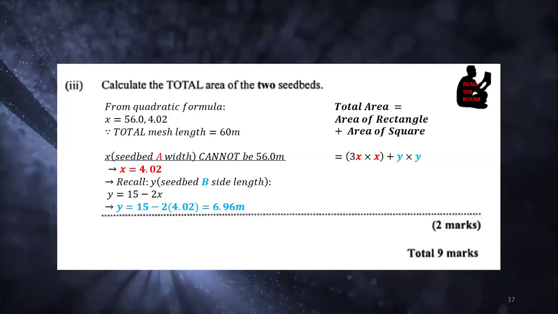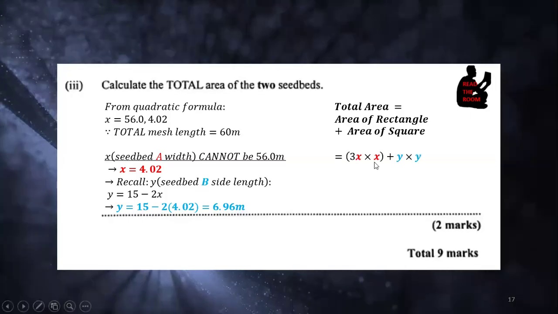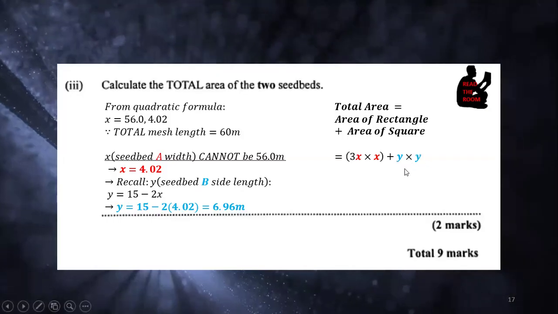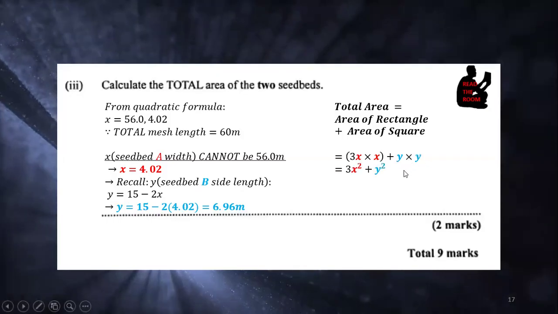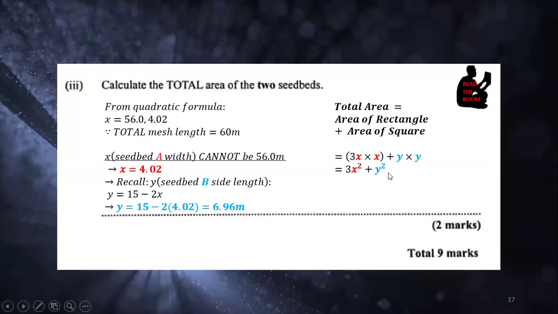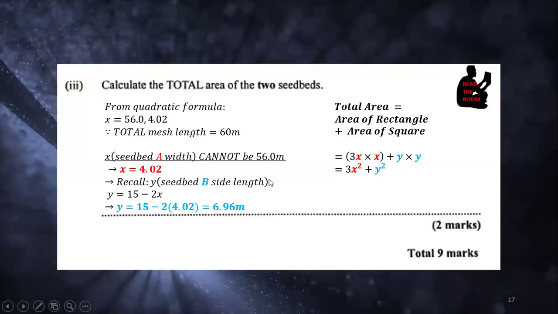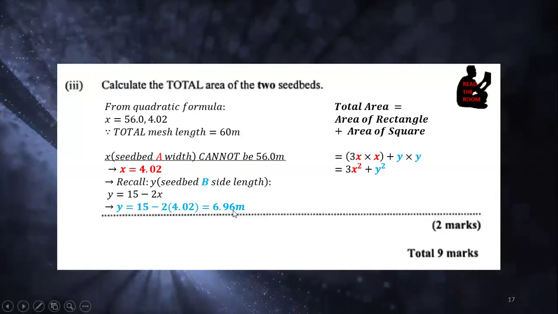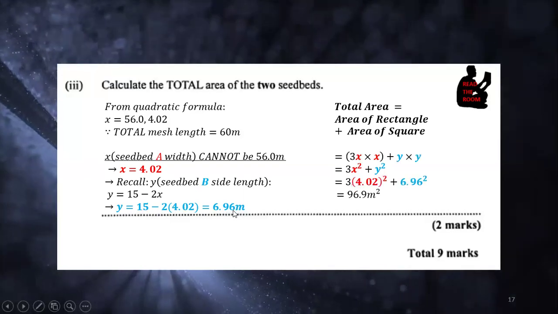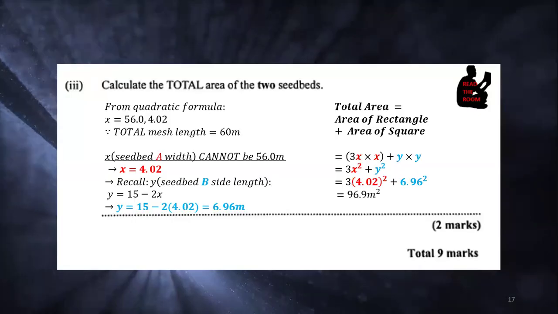What's the area of the rectangle? It's going to be 3x by x, area of the square, y times y, 3x squared plus y squared. Then we're going to replace this x with 4.02 and this y with 6.96. When you do that, you simply get 96.9 meters squared.